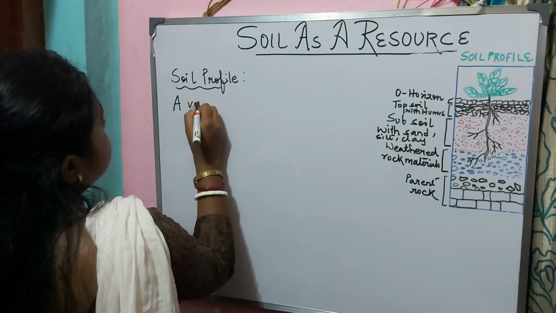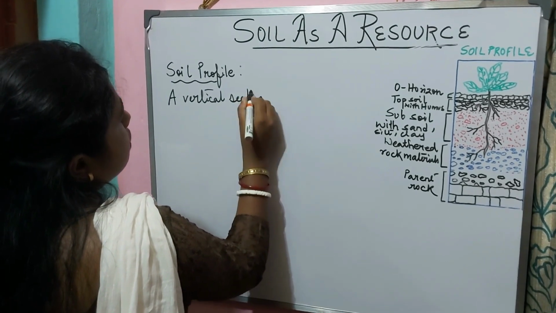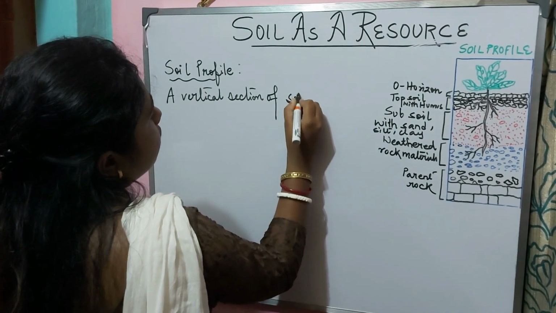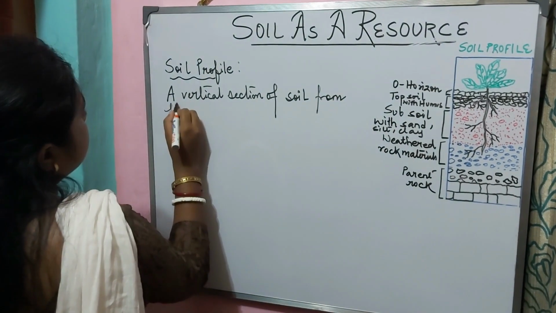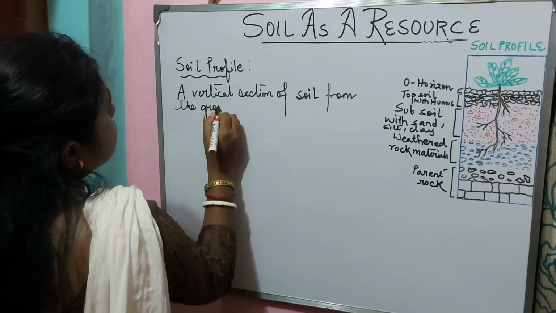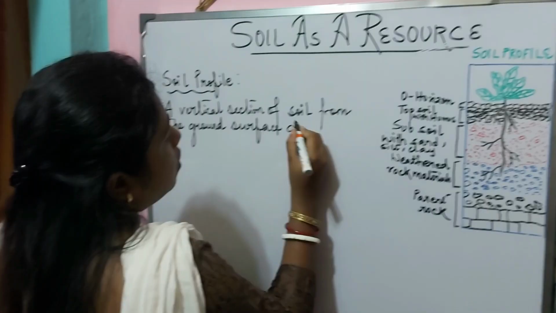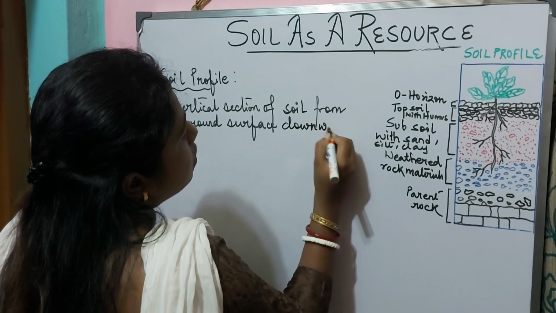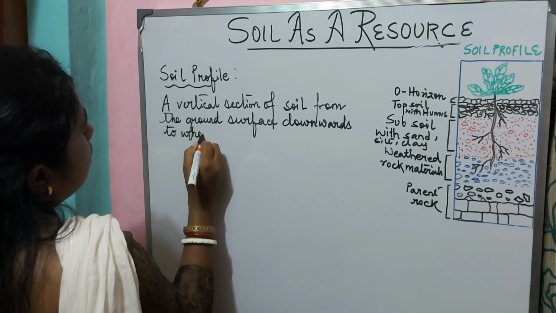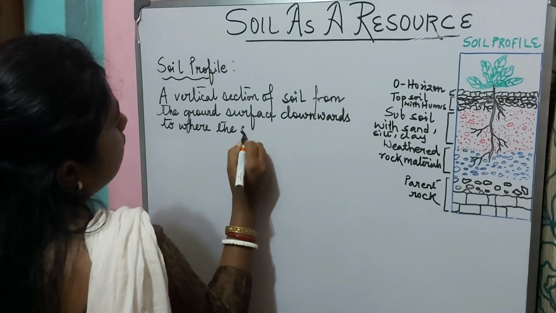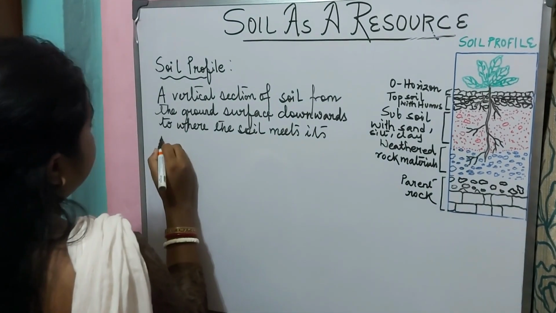It is a vertical section of soil from the ground surface downwards to where the soil meets its underlying rock.